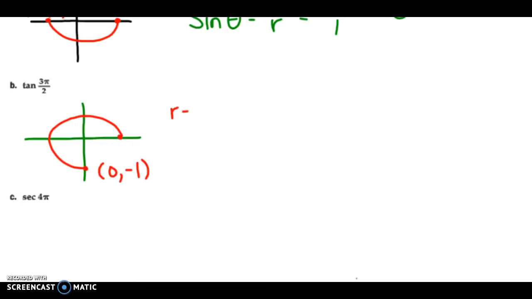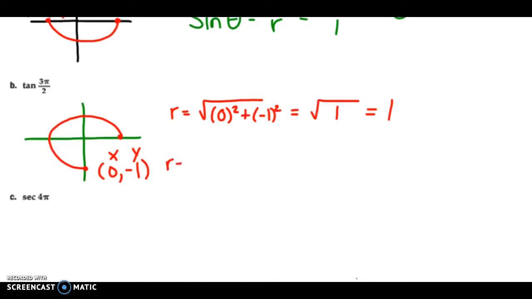Find my r, that's my x, that's my y. R is the square root of 0 squared plus negative 1 squared, which equals 1. You'll notice eventually that my r ends up being 1 every time, so you'll get used to that step. But for right now, we can do it out. So r is equal to 1 as well.